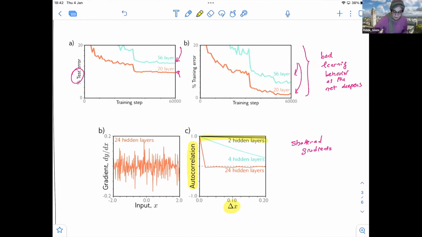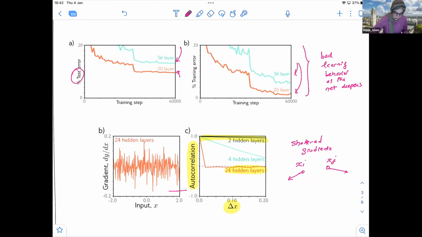And then for the 24 hidden layer network, we see that the autocorrelation is 0, which means that the gradients are not correlated anymore with the input data, so they are shattered. If we have training sample xi and training sample xj, we'll have completely shattered gradients that are not correlated. They're scattered in the space.